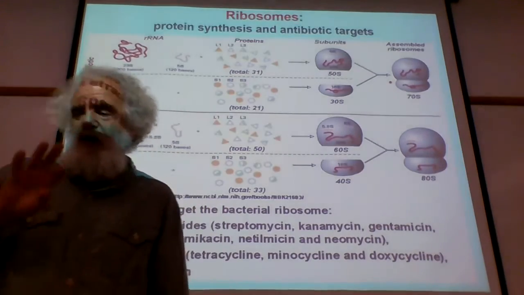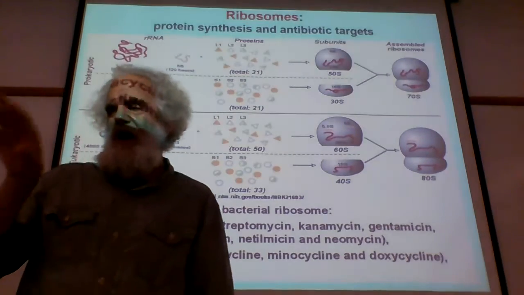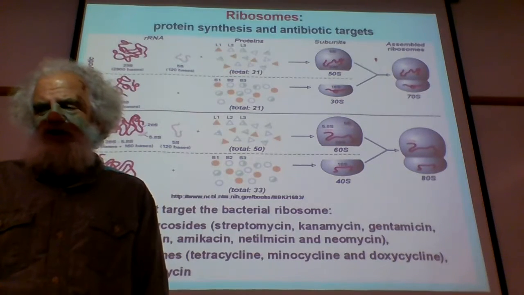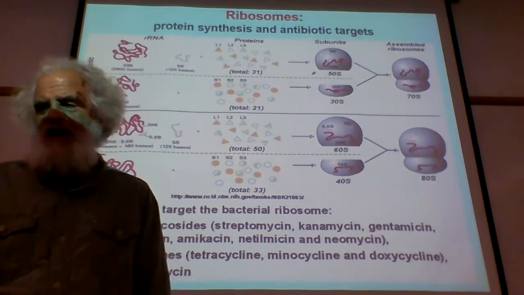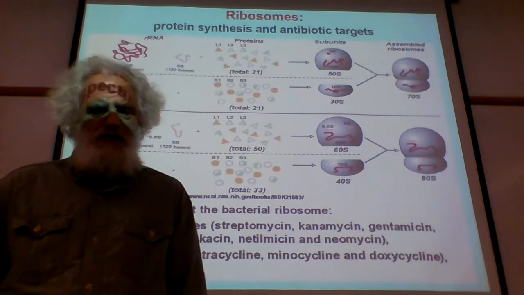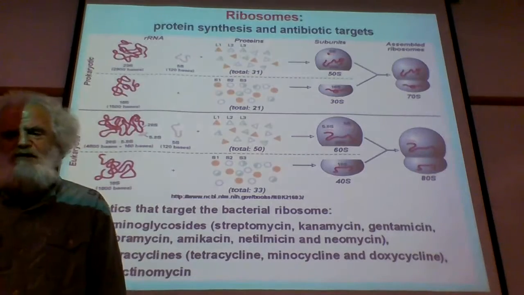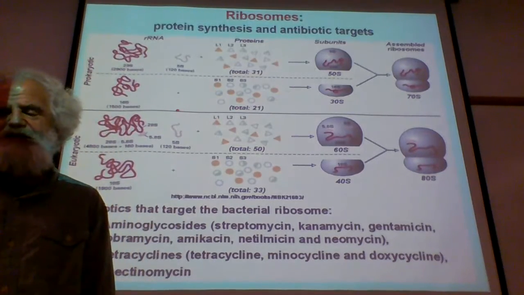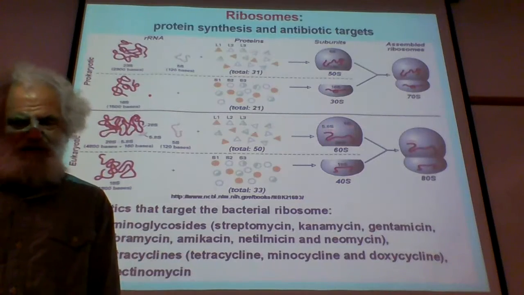And so the RNA is being read by the ribosomes. And the large subunit has got an RNA molecule, and it's about 2,900 bases. Big deal. Anyway, the small subunit has a smaller RNA molecule.